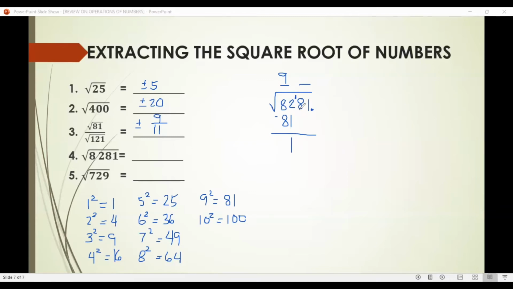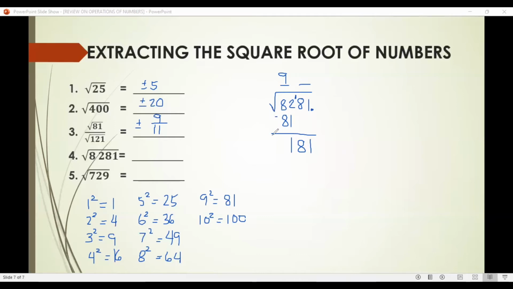And then after that, we are going to bring down. In division, we just bring down one digit. But here, since we are considering them as pairs, 8 and 1 will go together. So 81. So the number that we are working with now is 181.